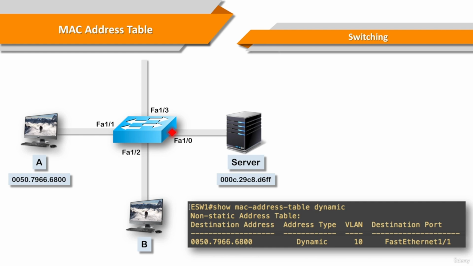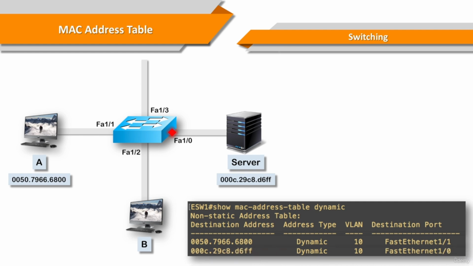The switch receives the frame and creates a new entry in its MAC address table for the server's MAC address. It then performs a lookup of its MAC address table to determine whether it knows which port to send the server's traffic to, and in this case, it does. So it sends the return traffic out only on the port of computer A, without flooding.